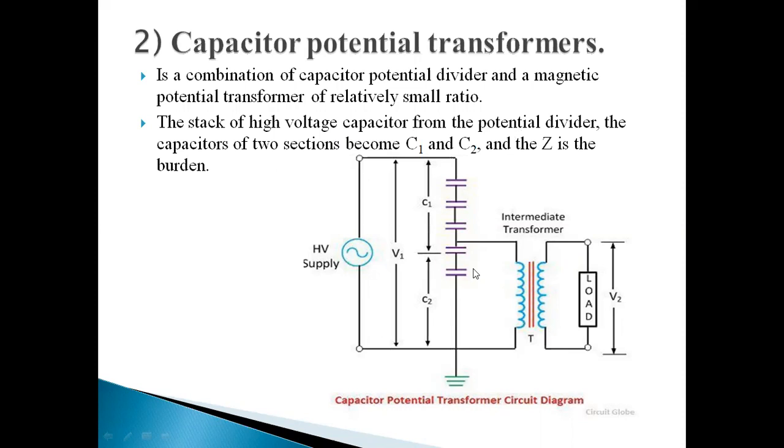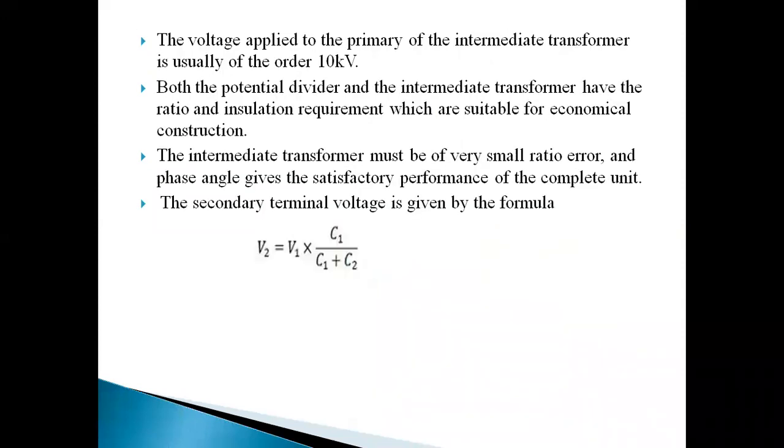Z is the burden. Burden means some load on that transformer, the capacitor potential transformer. Then the voltage applied to the primary of the intermediate transformer is usually 10 kilovolt.